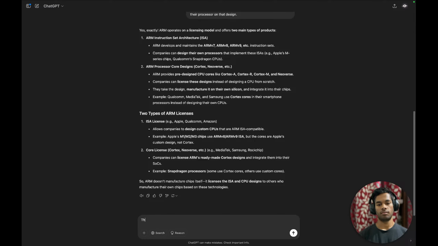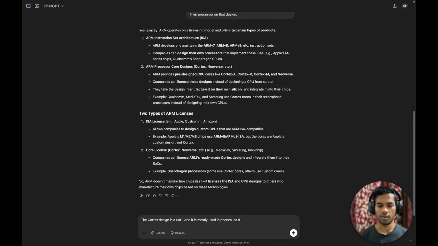Yes, the Cortex design is a system on chip, and it is mostly used in phones.